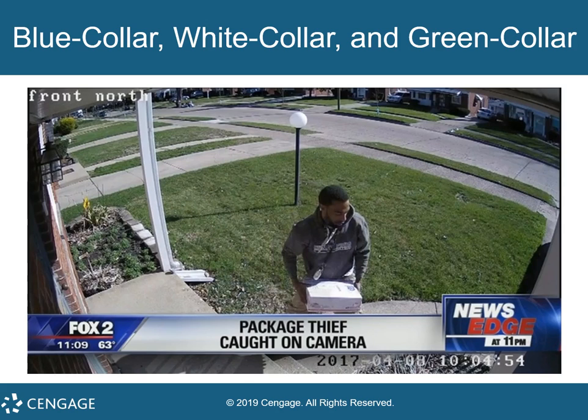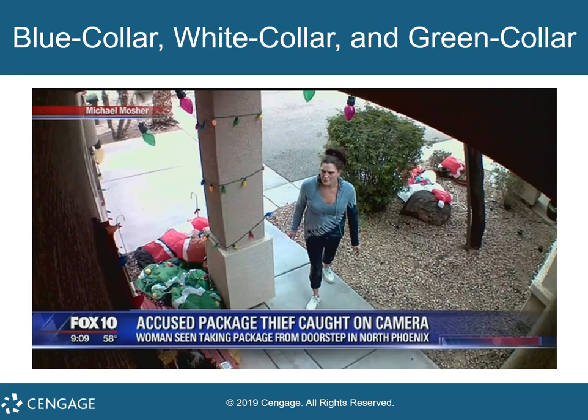Because we don't go to the store that much anymore, and we have all of these companies that allow us to online shop, it's very easy for us to get things delivered to our homes, but at the same time, the opportunities that are out there for individuals to commit different types of theft are becoming quite a bit more abundant.